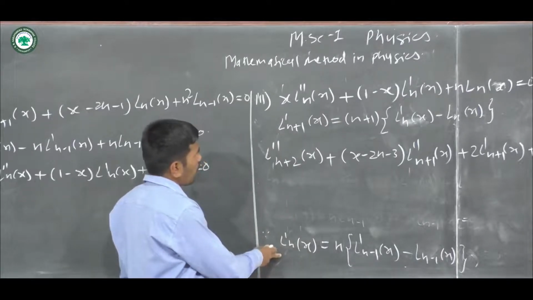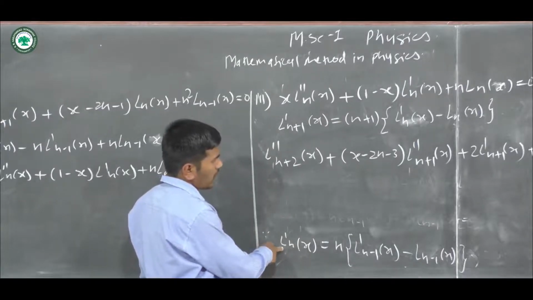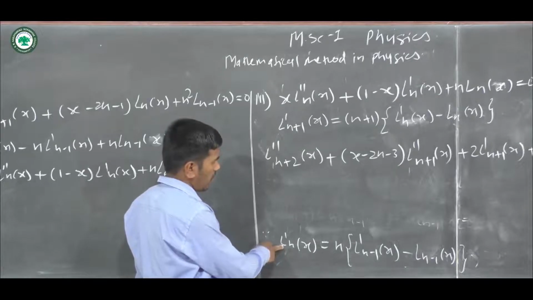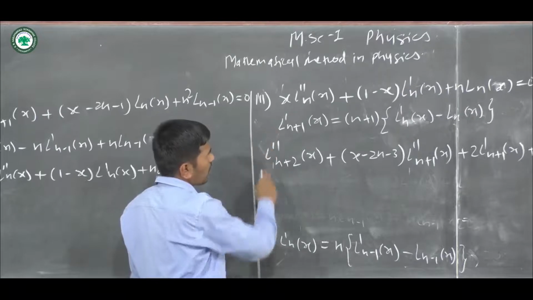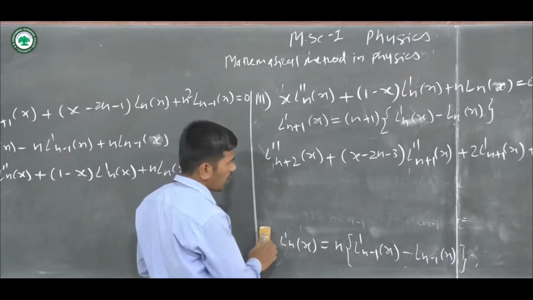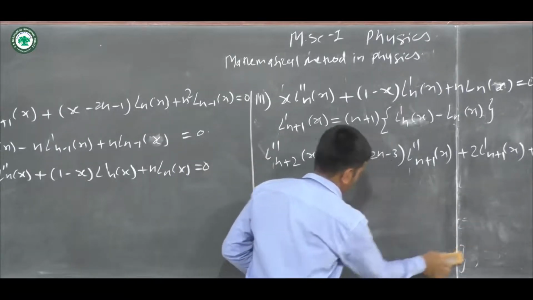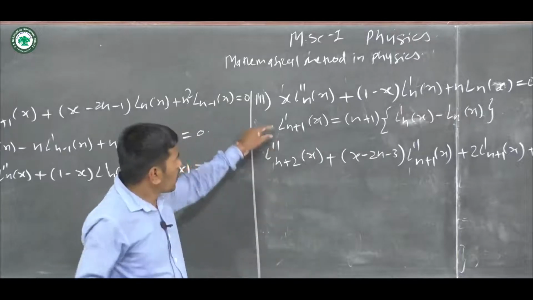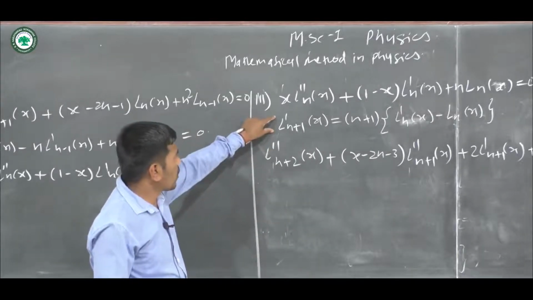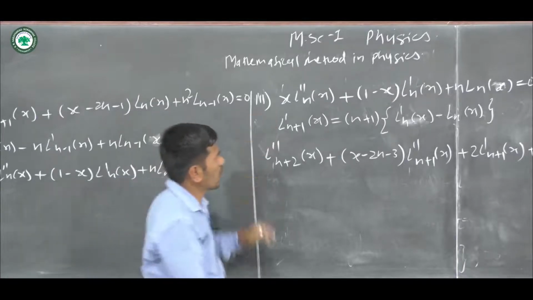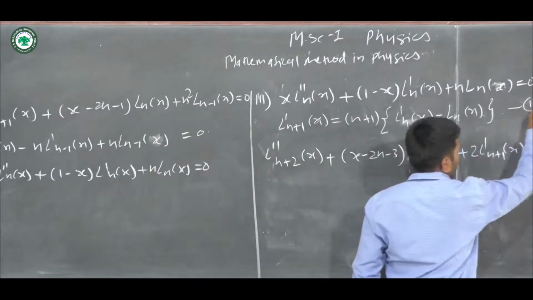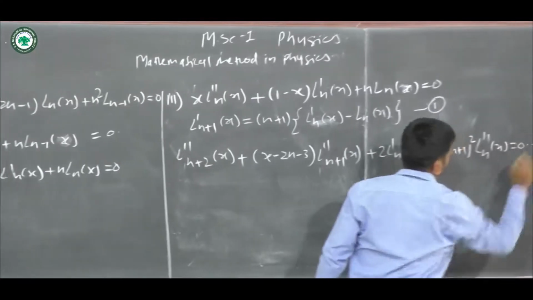Okay, now if I differentiate these with respect to x, then it is L double prime, or this also we can differentiate with respect to x. This is from the second recursion relation, and this is for the first, okay. So now suppose this is the first equation and this is the second equation, okay.